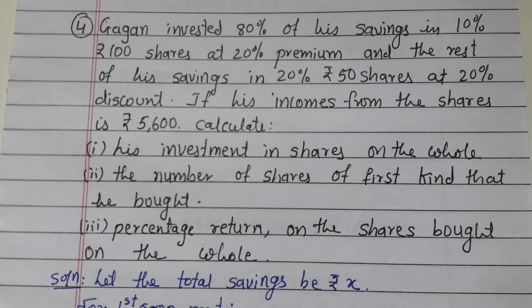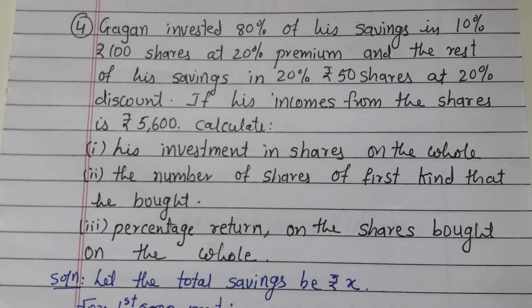Sum number 4. Gagan invested 80% of his savings in 10% rupee 100 shares at 20% premium and the rest of his savings in 20% rupee 50 share at 20% discount.